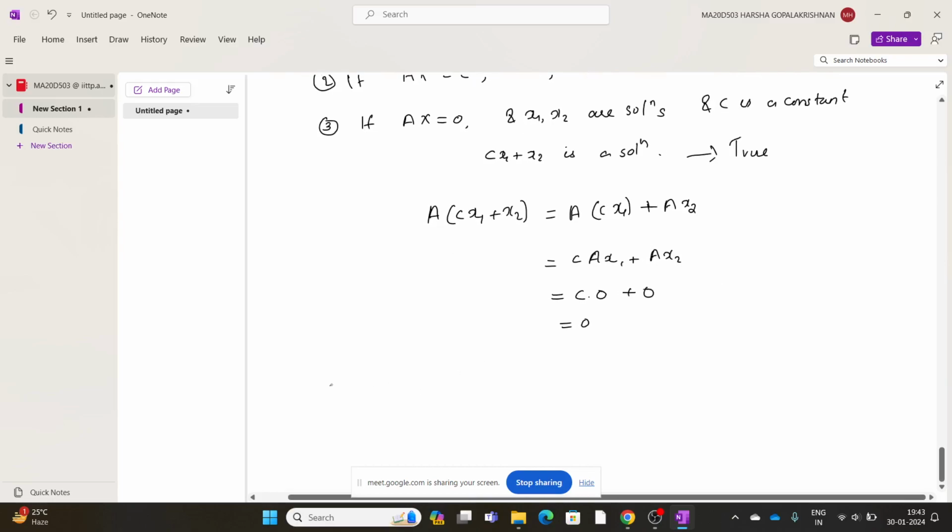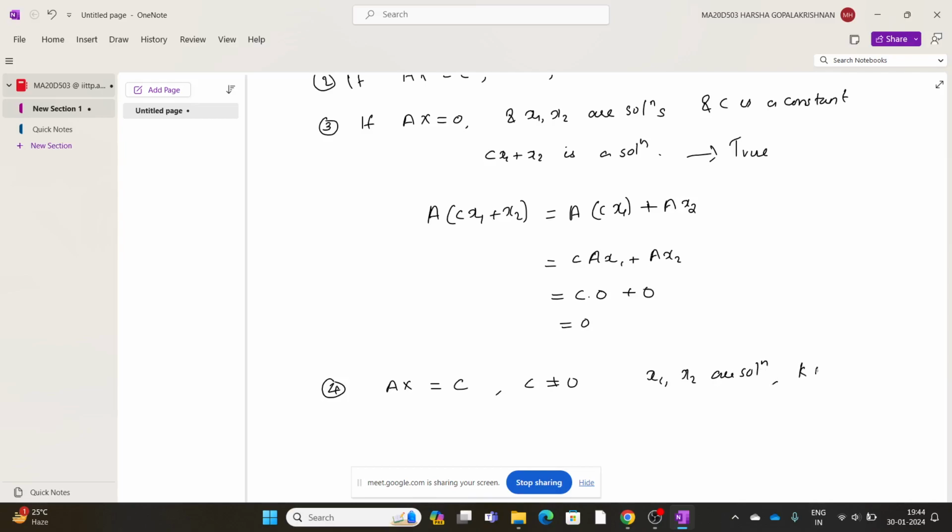Now, next, here it was Ax equal to 0. Now Ax equal to some c, where c is a non-zero value. Again x1, x2 are solutions, and suppose k is a constant.